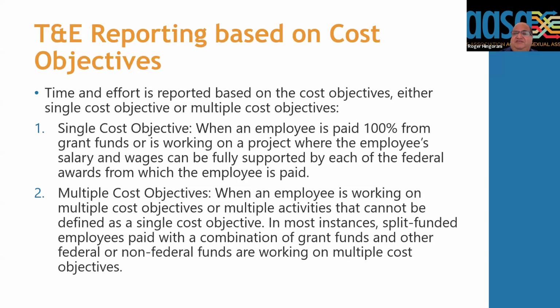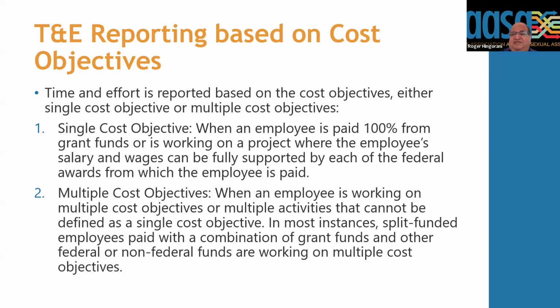So the time and effort is basically divided into two parts when it comes to the reporting. They are based on the cost objectives, either a single cost objective or multiple cost objectives. So what is a single cost objective? When an employee is paid 100% from grant funds or is working on the project where the employee's salary and wages can be fully supported by each of the federal awards from which the employee is paid.